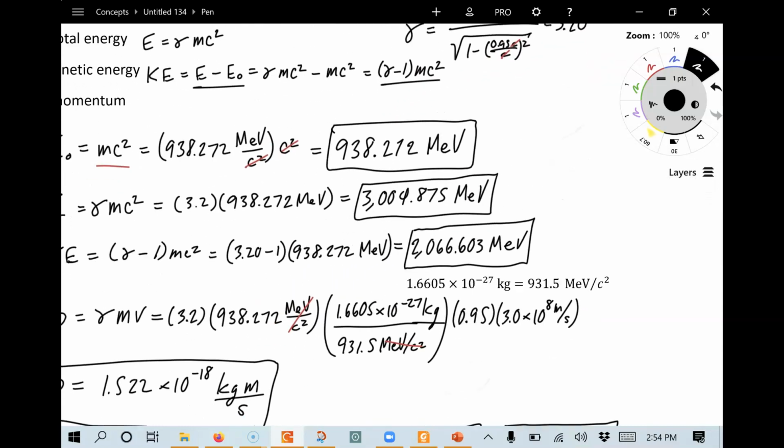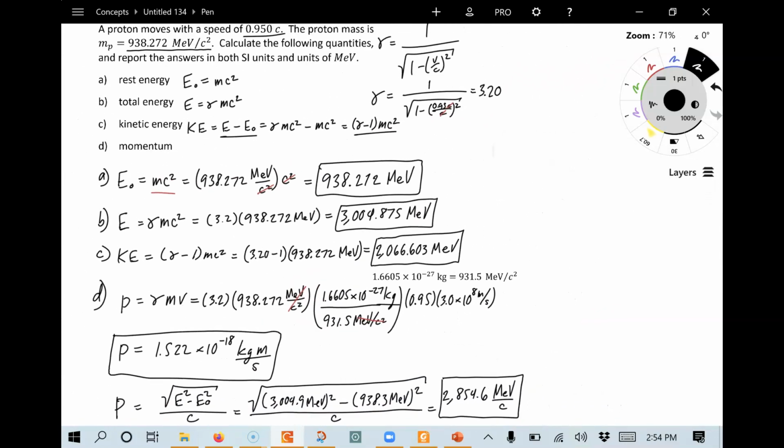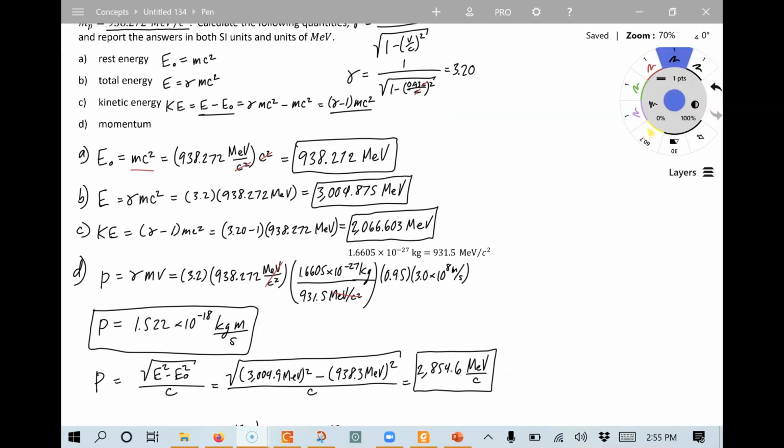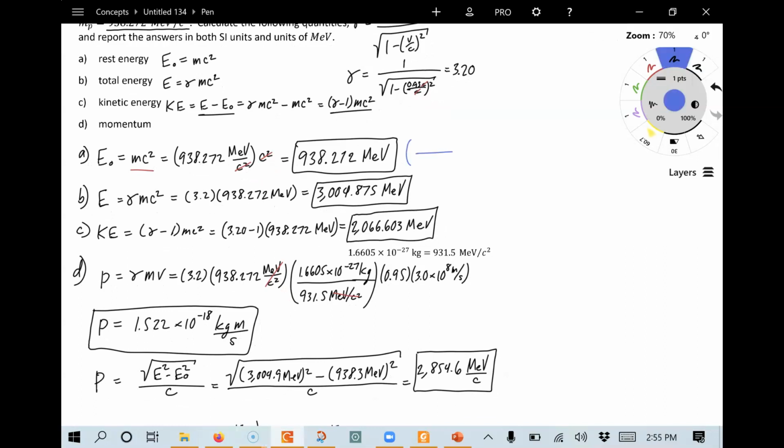Let's apply this to each of these. For the first one, I'm going to multiply by 1 MeV per 1.6 times 10 to the minus 13 joules. Of course that'll cancel the MeVs out.